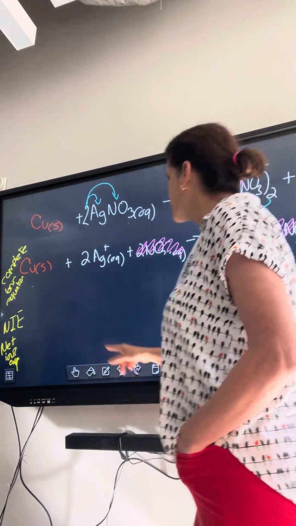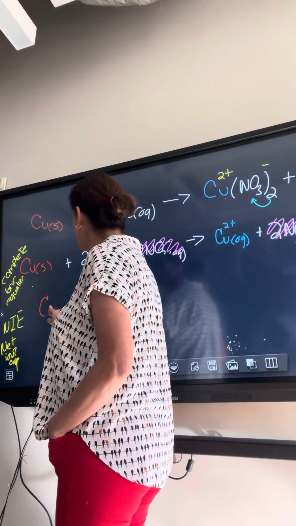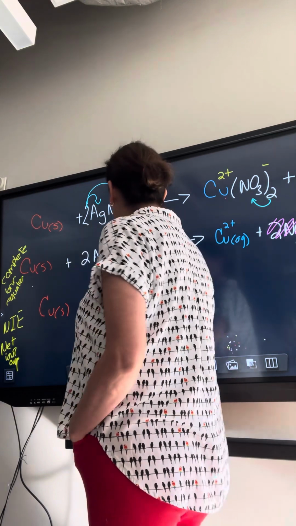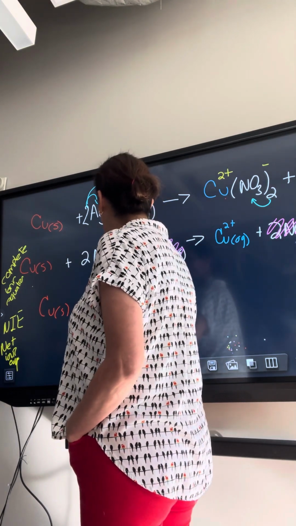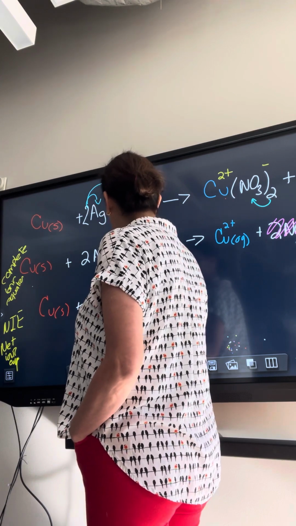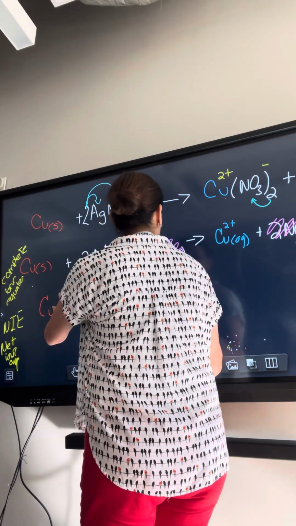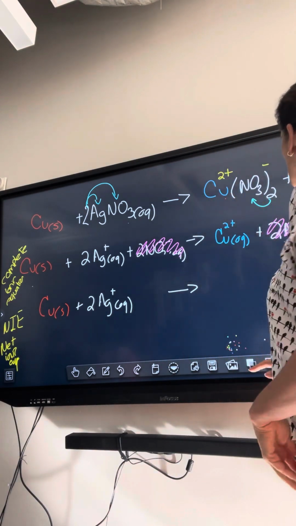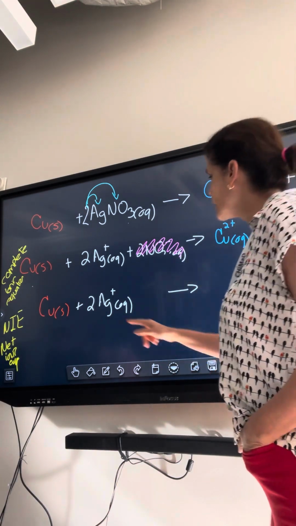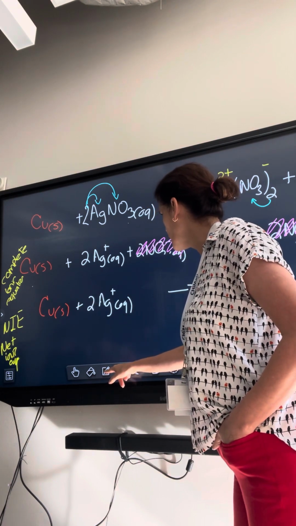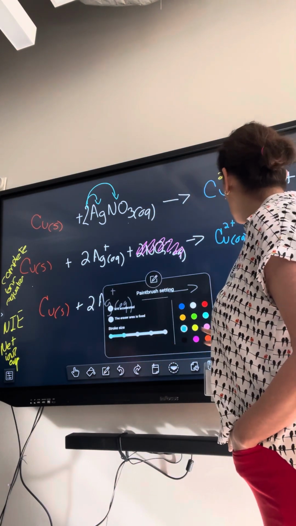So you will write the copper as a solid. You'll write the 2 Ag pluses, aqueous. These were your reactants. And then in your products, you have the copper change from no charge to a +2 charge.